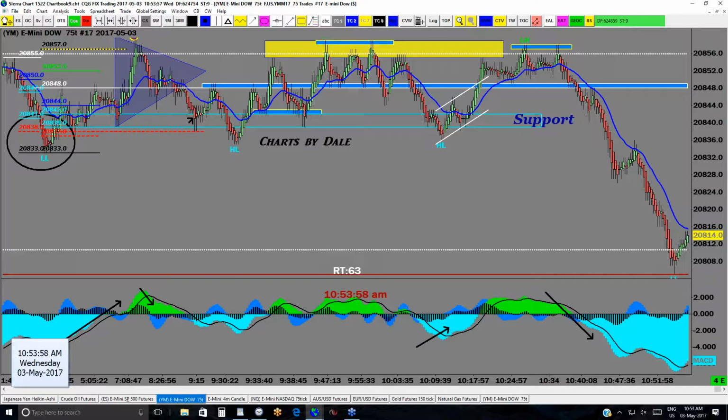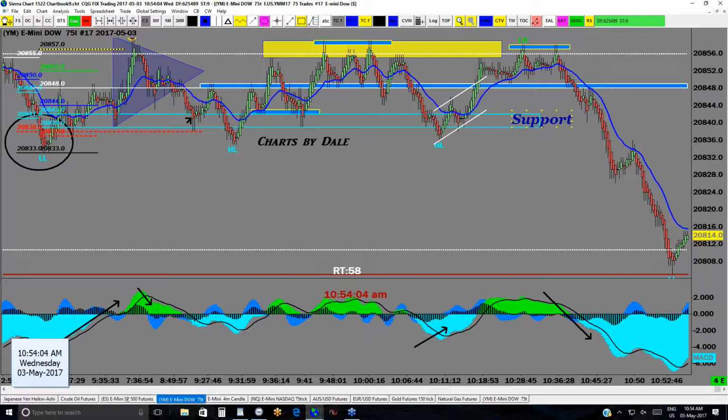So when it's over, it's over. But the market taking out the support and running quite a bit to the downside, that's approximately almost $250. So anyways, that's it for your YM long position, obviously.